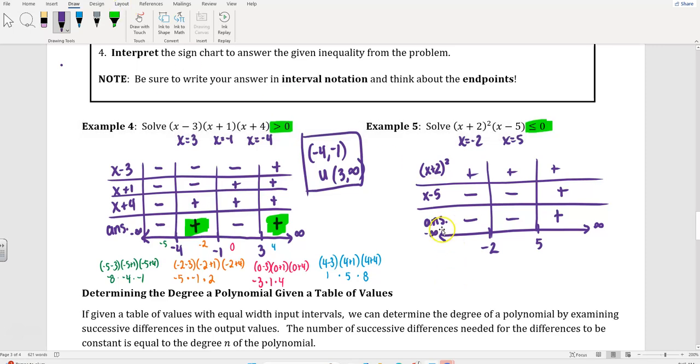So for this case, the function is negative here and here from -infinity all the way up to 5. So your answer for this is going to be -infinity all the way up to 5. You're going to use a bracket with the 5 because it's an or equal to problem on this one. So the function can equal 0.